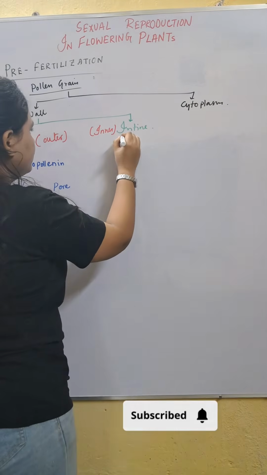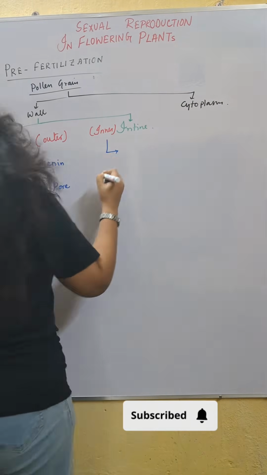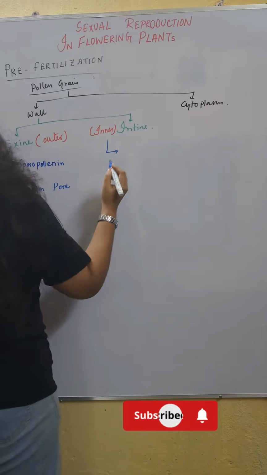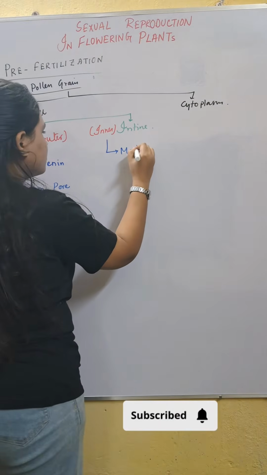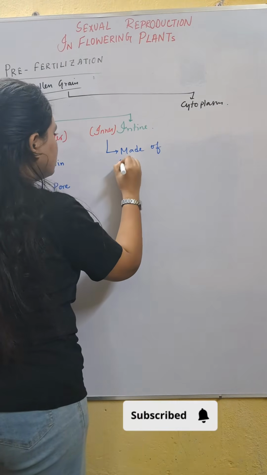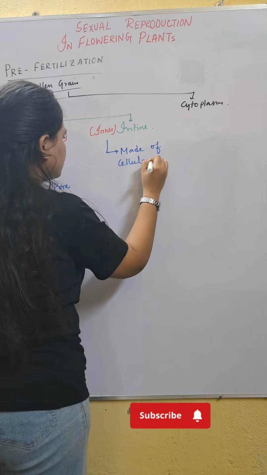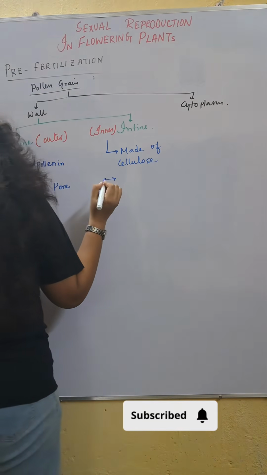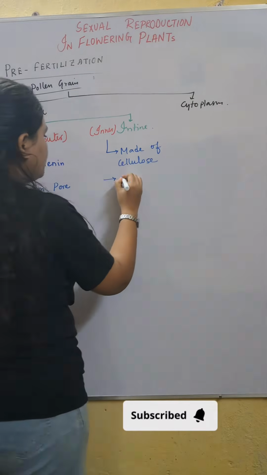Intine is made of cellulose and covers the cytoplasm.